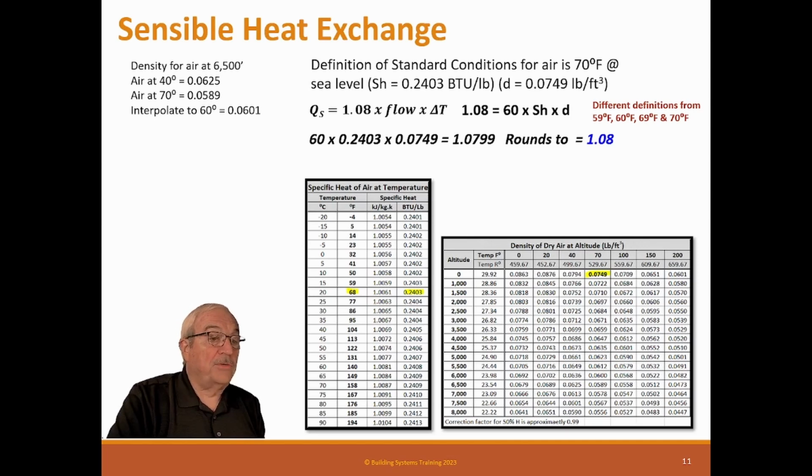Just because it's 40 degrees outside doesn't mean that's what you're using if you're measuring inside air at a different condition. So the density of air at 6,500 feet at 40 degrees is 0.0625, at 70 degrees is 0.0589. So that interpolates to 60 degrees. You can interpolate between the two to 0.061 if you want different temperatures that are in this chart.